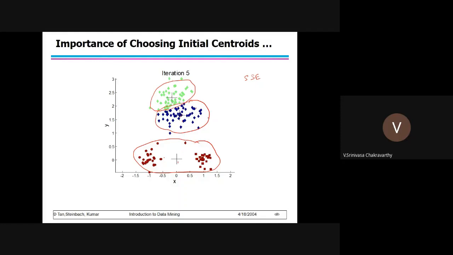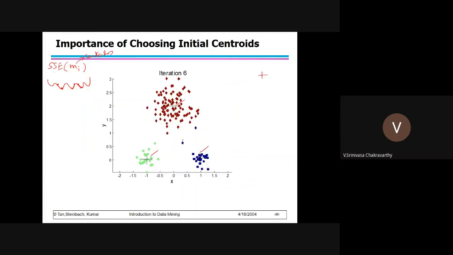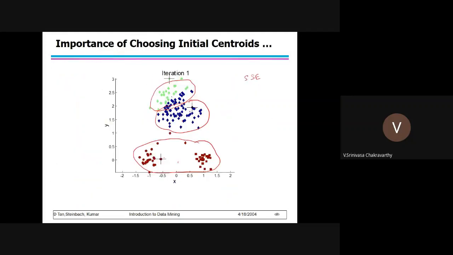It is a minimum in a relative sense: if we take small deviations from this and calculate SSE, it will be slightly higher. It is a minimum, but it's a local minimum. Whereas the other one which we saw before will more likely be a much smaller minimum. But we missed that because of the bad choice of initial centroids.